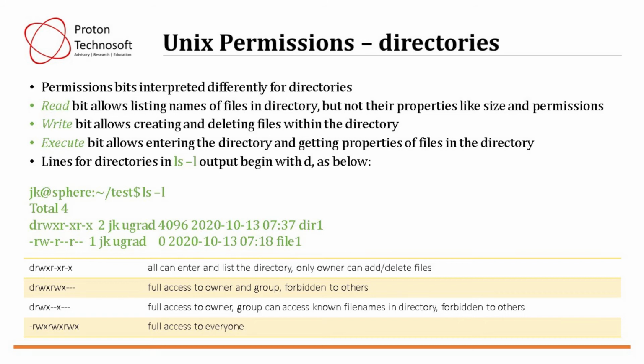Execute allows entering and getting the properties of a directory or of that file as well. For directories, ls -l output begins with d. We have seen that. It starts with the character d. And then again, these are different sets of permissions for different users. Okay.